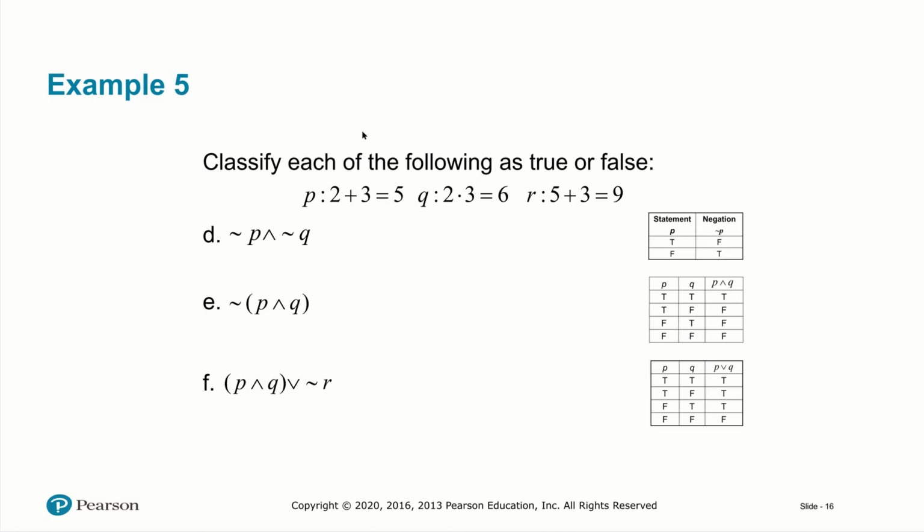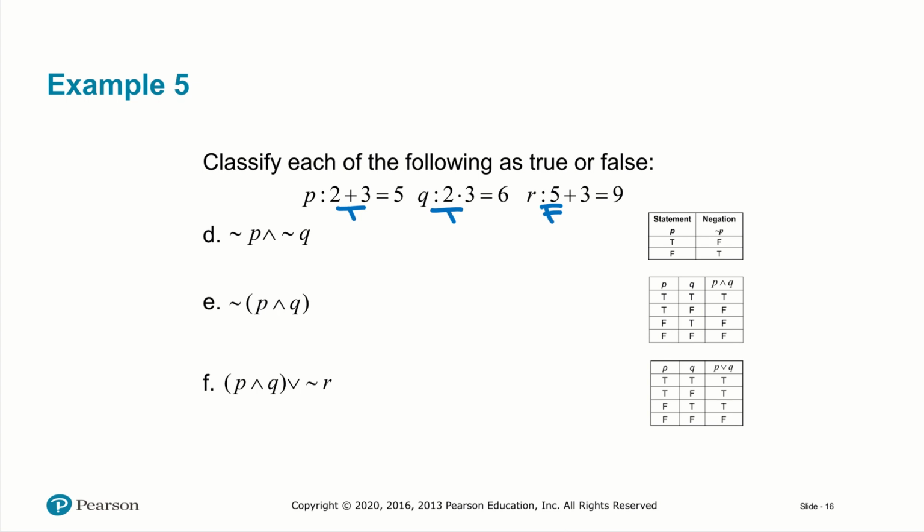All right, here are a few more examples based on the same statements. So again, remember that P is true, Q is true, and R is false. Now, not P and not Q. What do we know about P? P is true.